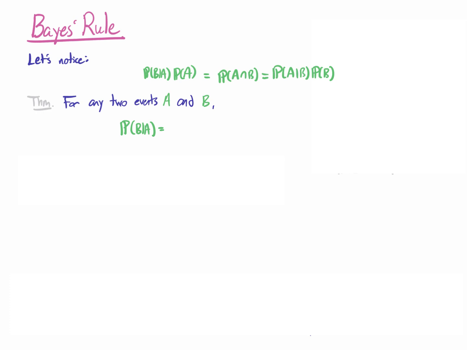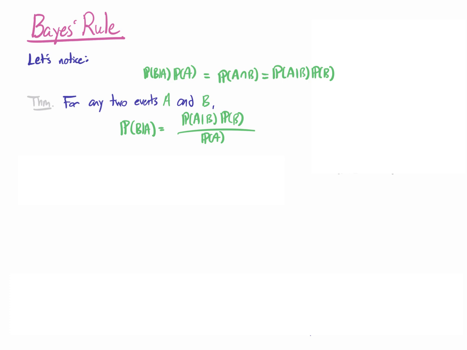I need to know the probability of A given B, the probability of B, and then the probability of A. So if I know those three, then I can calculate the probability of B given A. I got this just by taking this side and dividing out the probability of A to isolate the probability of B given A.